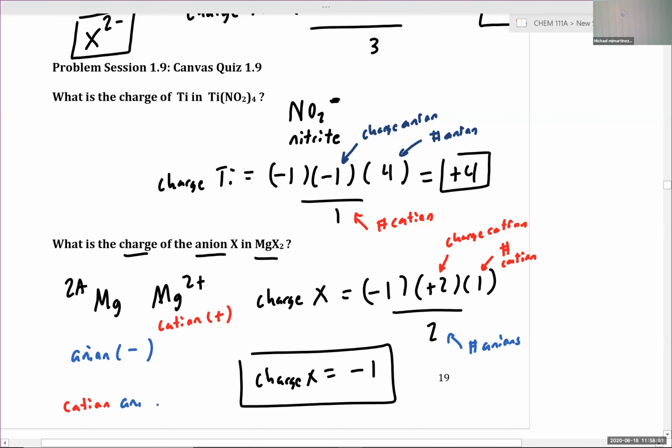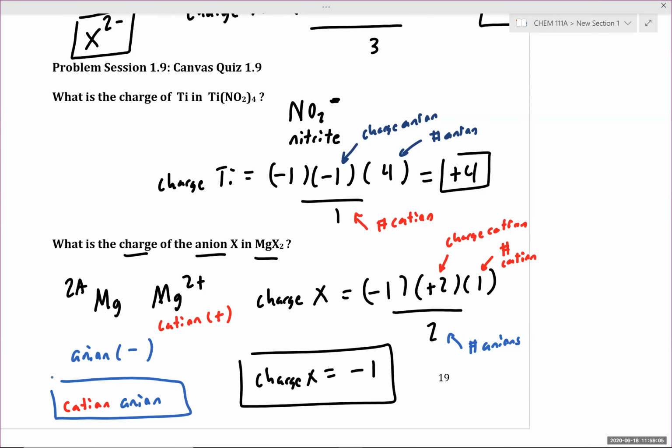So the cation is the first thing in the formula, and the anion is the last in most cases for ionic compounds. Does that make sense? Yeah. Okay, thank you.